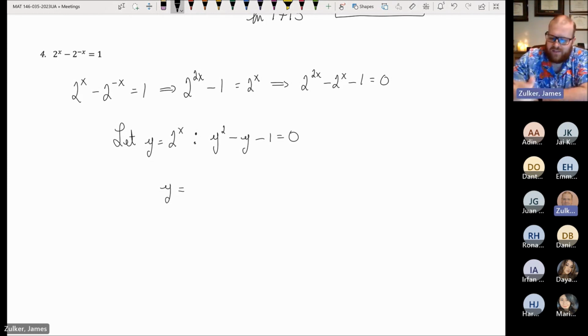And quadratic formula, negative b plus or minus the square root of b squared minus 4ac all over 2a.